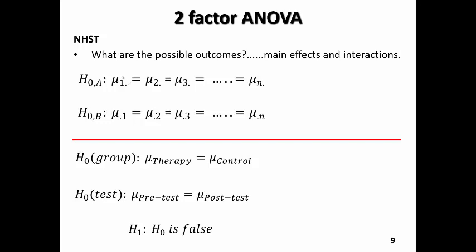We're going to state with the null hypothesis that this average will be equal to the average of the second row, which is equal to the average of the third row, once again with rows 2 and 3 collapsed across columns, equal out to the number of rows. And so in this case, the rows 1, 2, 3, up to n rows refer not to individual cases, but to the levels of the main effect A.